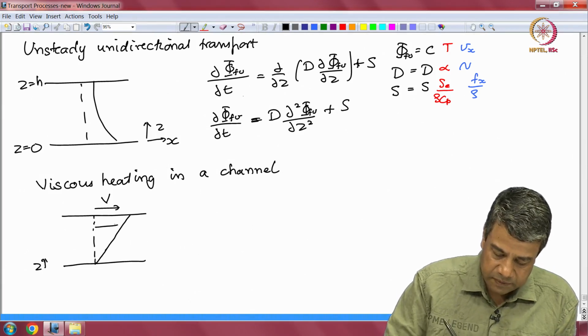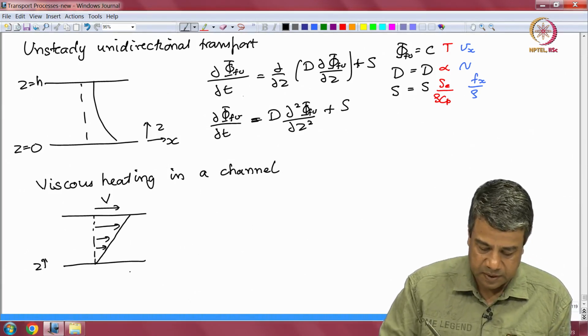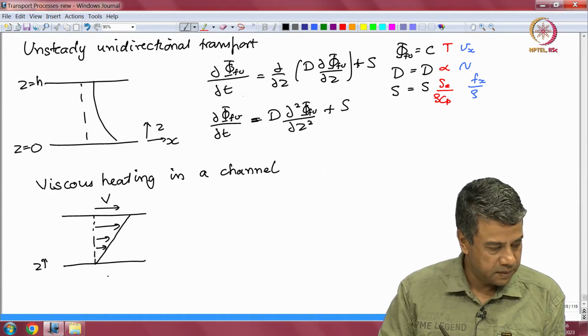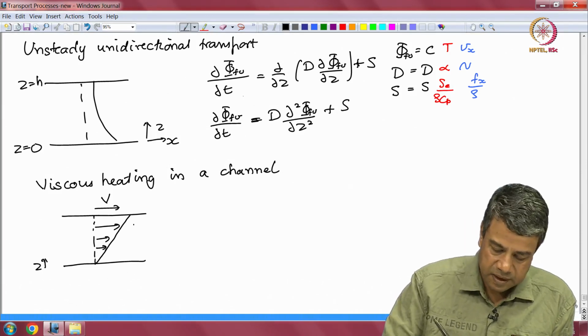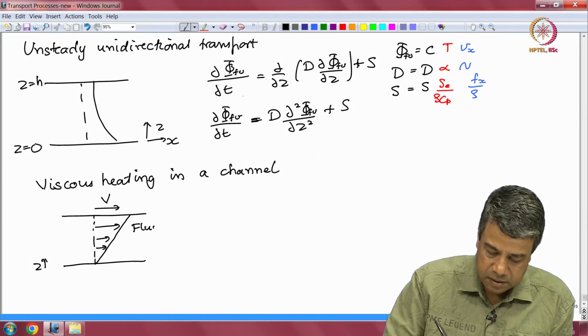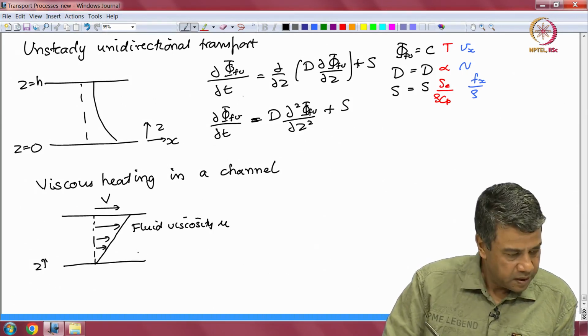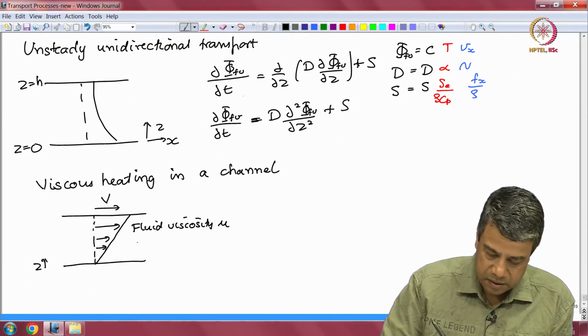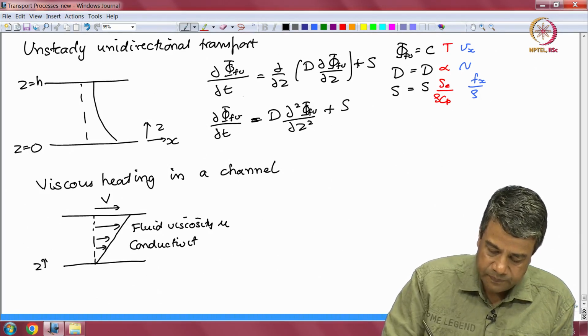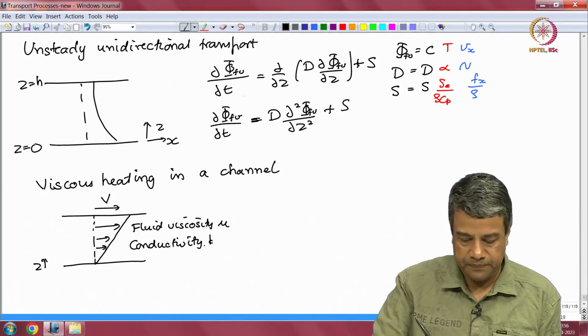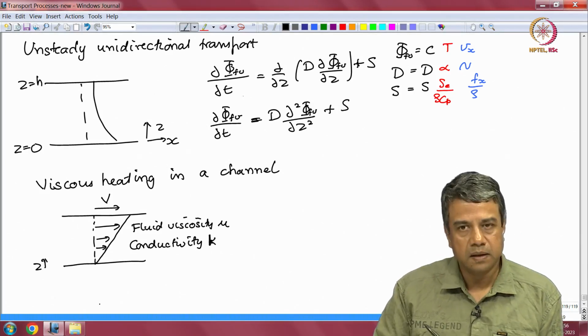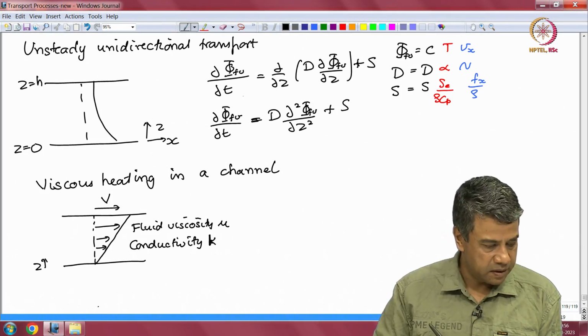So, you get a linear velocity profile, and the fluid has viscosity mu and thermal conductivity K, and you get a linear velocity profile.